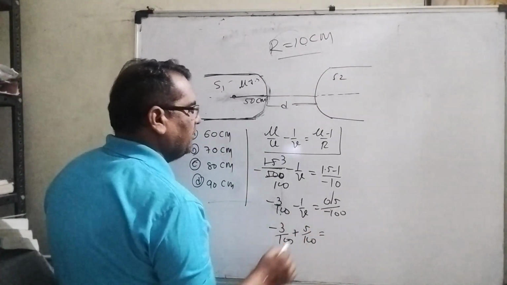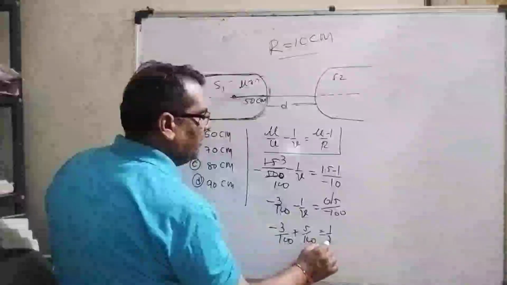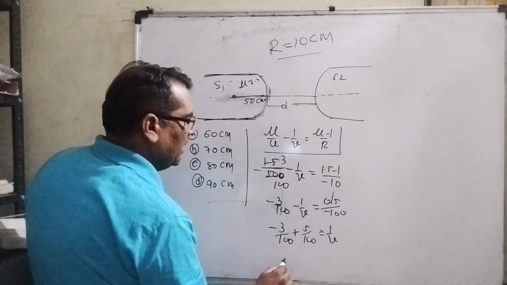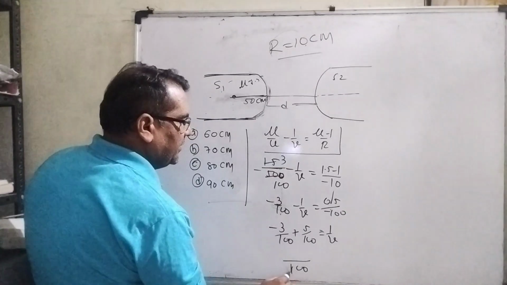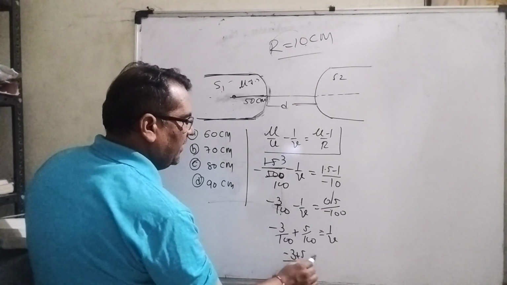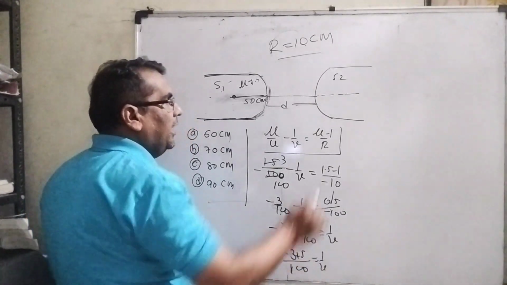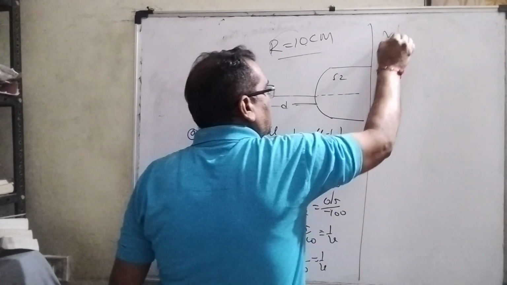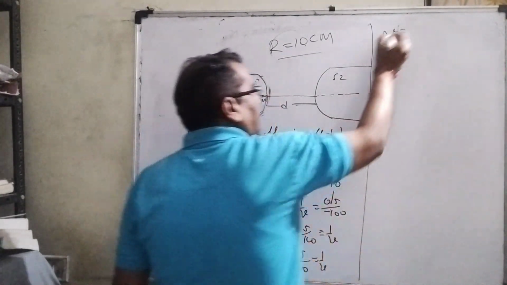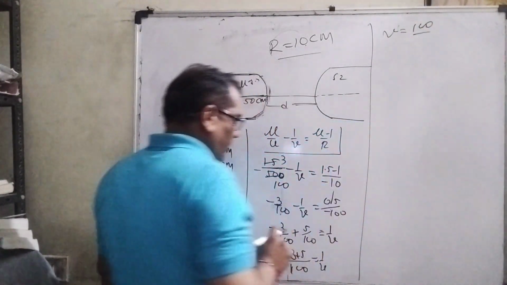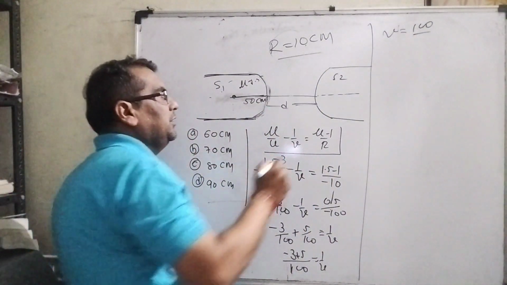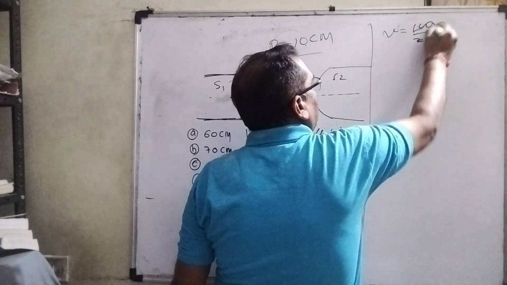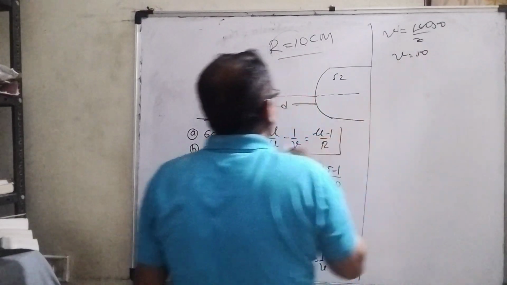Now this minus 1/v transposing to the right side becomes 1/v. Taking LCM, 100 minus 3 plus 5 equals 1/v. Then v is 100 by 5 plus 5 minus 3 is 250. Then v equals 50 centimeter.